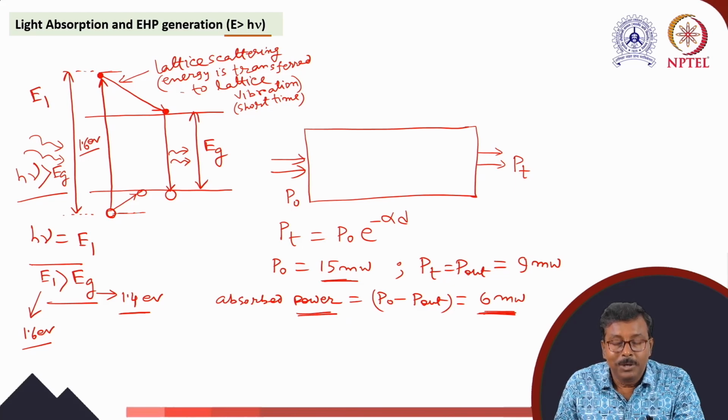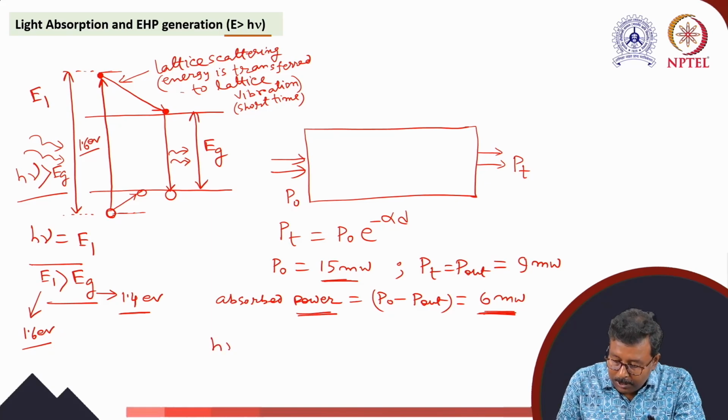If we express h nu in electron volt, say 1.6 electron volt, that should first be converted to joule.